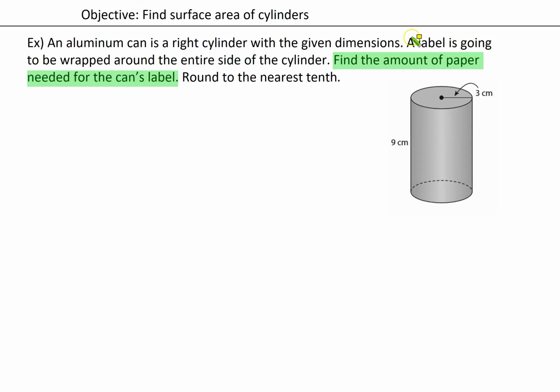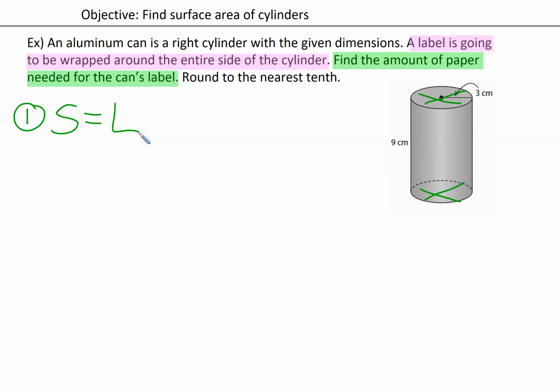And we know that this label is only going to be wrapped around the side of the cylinder, which means that we do not want to include the area of our circular bases this time. So really, mathematically speaking, what we are finding the area of is just the lateral area, the side area.